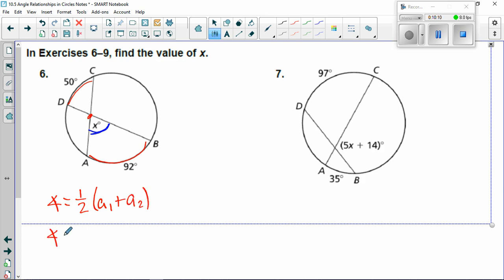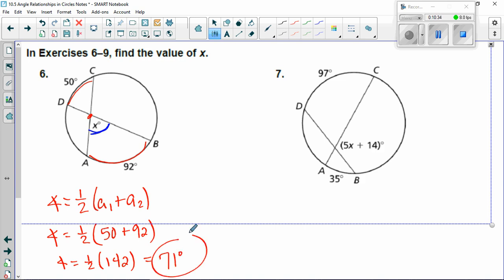So our angle is half of 50 plus 92. So 50 and 92 are 142. So the angle is half of 142, which is 71 degrees. So this angle is 71, which means so is this one.